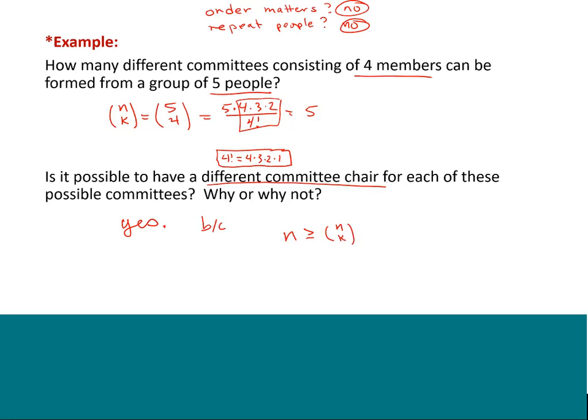So this here is the number of total people. Over here is the number of committees. And in our particular case, both of those numbers turned out to be 5. So we were able to select a different leader for each of the committees. Now, maybe you'd have to be a little bit strategic about it, but you could totally be done.